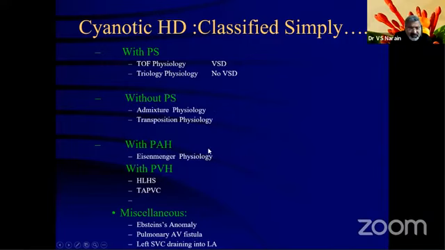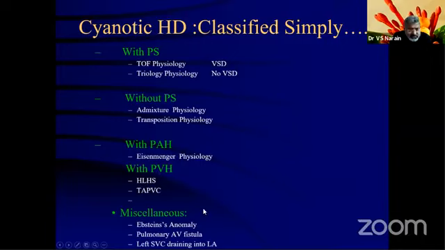With pulmonary arterial hypertension, you have Eisenmenger, and you have pulmonary arterial hypertension secondary to pulmonary venous hypertension. This is also an important group. And the two conditions which cause this are the hypoplastic left heart syndrome and the total anomalous pulmonary venous connection with obstruction of the common vein.